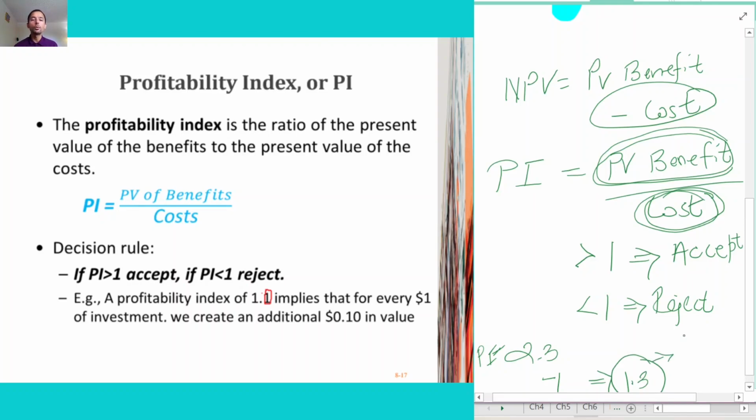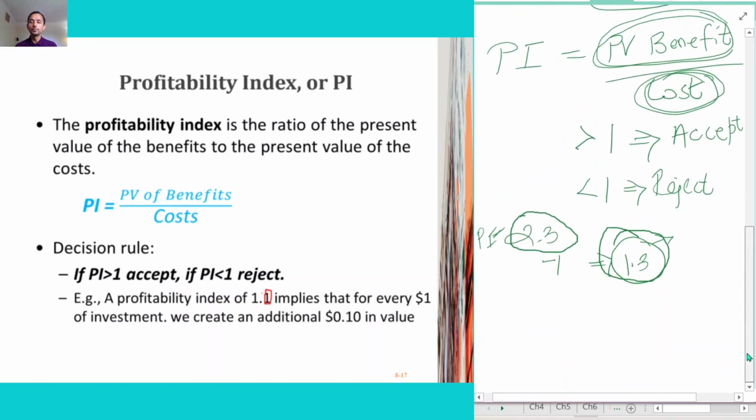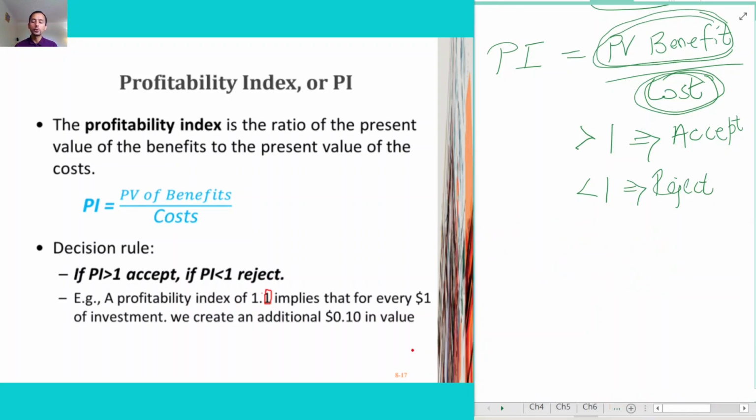If it was a $10,000 cost, that means your total cash flow from that project was $23,000. Minus the 10,000, that's $13,000. 13,000 is 130%. I hope you got what I said. If not, just feel free to ignore that. But anyway, when you subtract 1, that's the percentage value added to the firm.